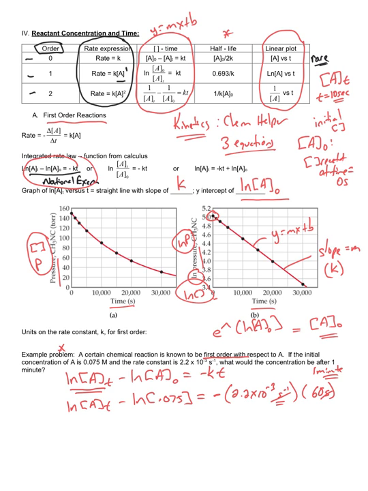Now if I go ahead and grab my calculator, I'm going to add the natural log of 0.075 over to this side. So I take the natural log of 0.075 and then subtract 2.2 times 10 to the negative 3 times 60. Make sure we multiply the rate constant times the seconds first.